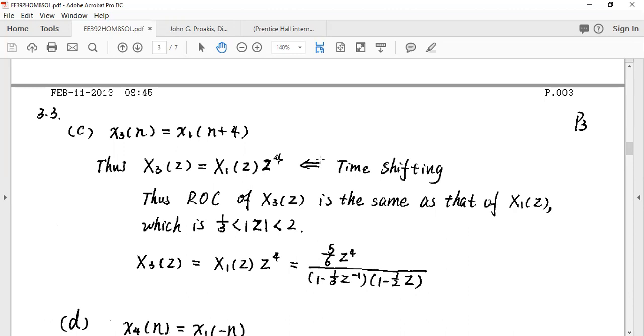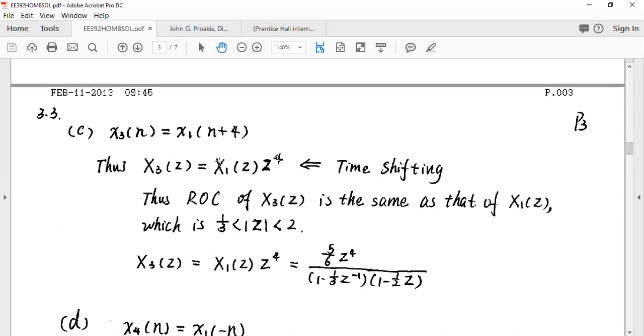So directly from the z transform, it's a shifting of 4 units, so it can be represented in the z domain by z to the power of 4 multiplied by x1 of z, while the z transform of this will be just x3 of z.